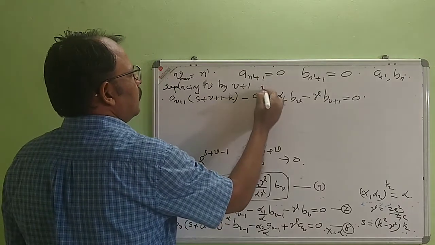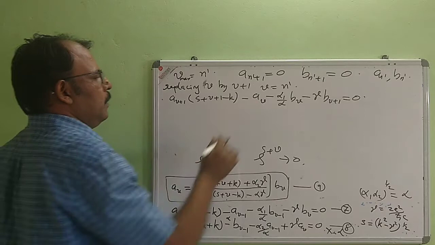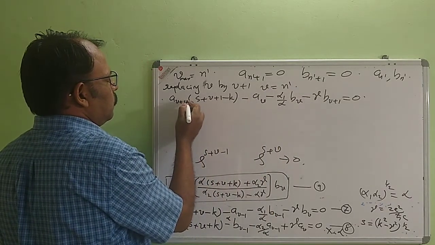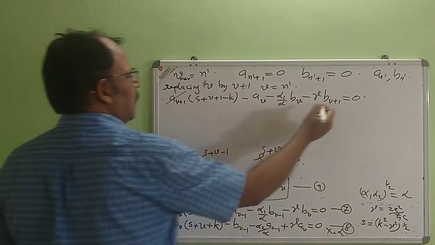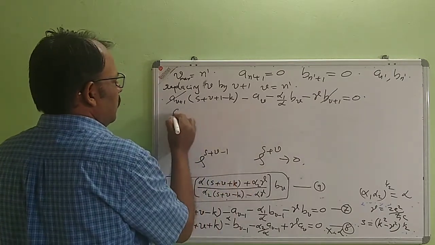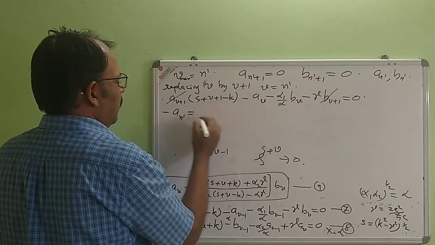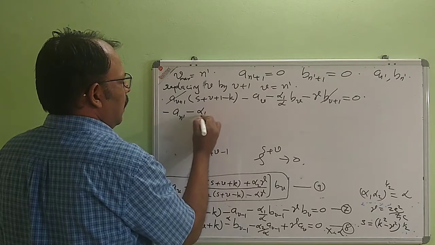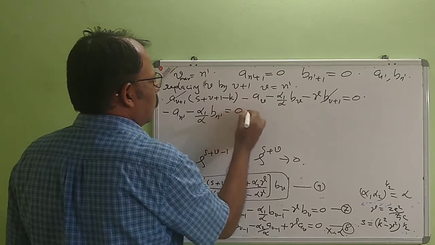Now I take this v as the maximum value n prime. If I take v as n prime, then a n prime plus 1 will be 0. Here also b n prime plus 1 will be 0. So we will have a n prime minus alpha 1 by alpha b n prime equal to 0.